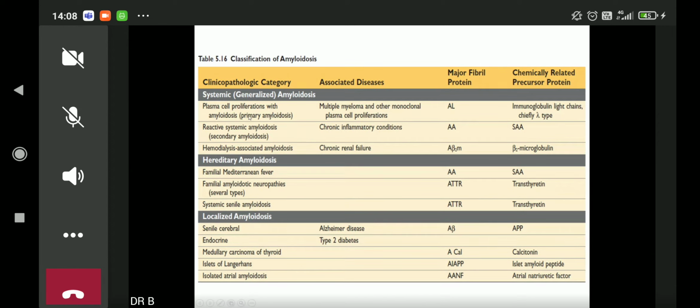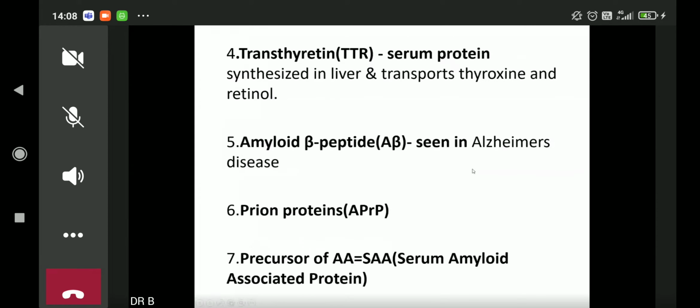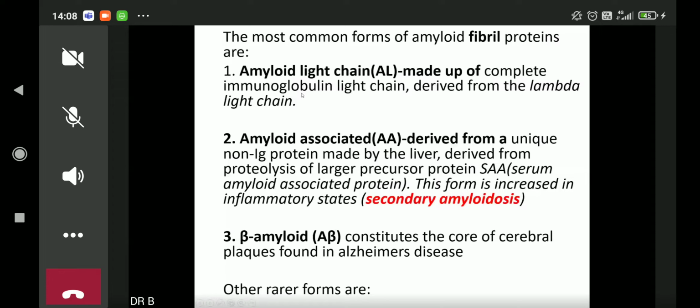Starting with primary amyloidosis due to plasma cell proliferation. Now, as the name suggests, this condition has a lot to do with proliferation of plasma cells. When there is clonal or abnormal proliferation of plasma cells, these cells synthesize abnormal immunoglobulin molecules. As we discussed, immunoglobulin molecules are found in the AL type.